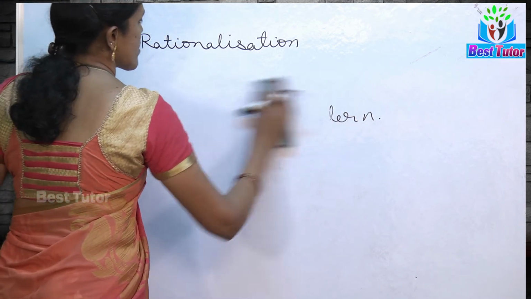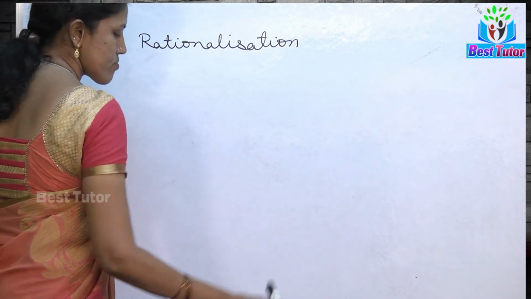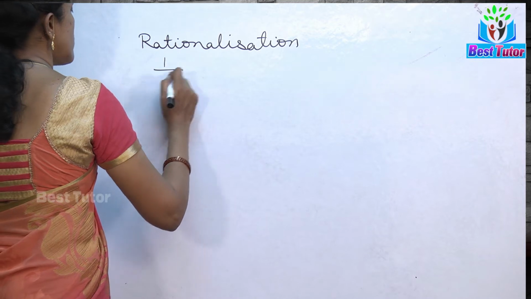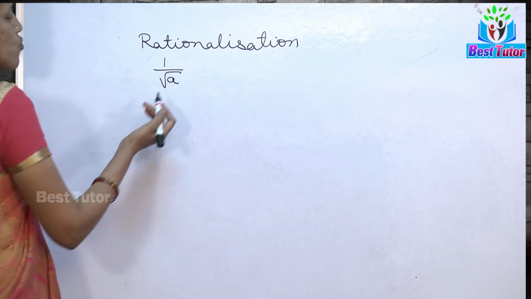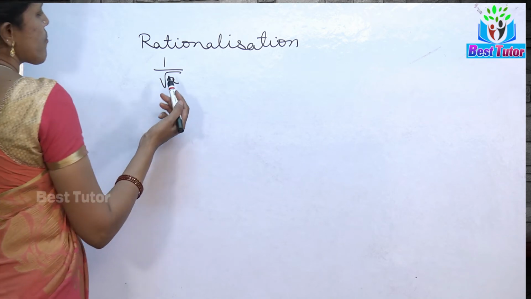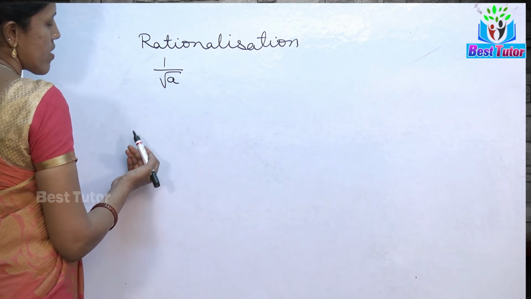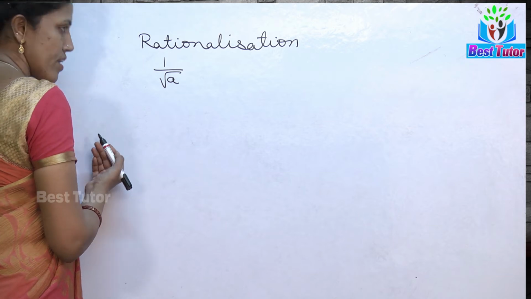Now, we will move on to rationalization. If I have a fraction 1 by root a, we clearly observe that the numerator is a rational number and the denominator is an irrational number.